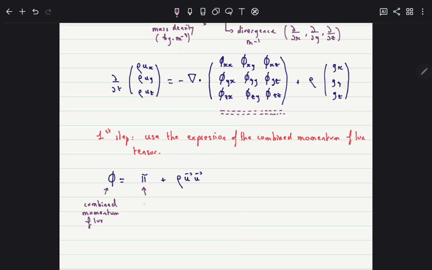This is the molecular contribution to the momentum flux, the molecular momentum flux tensor, and this represents the convective momentum flux tensor. So by the way, here I should add tensor as well.